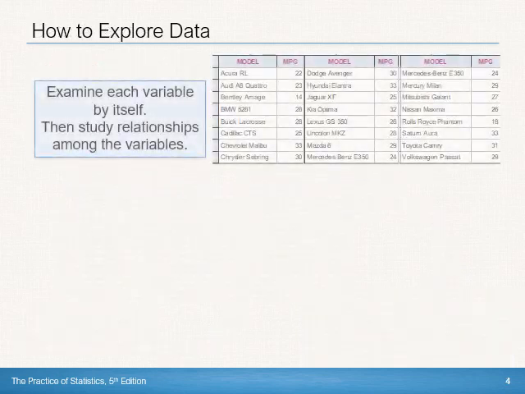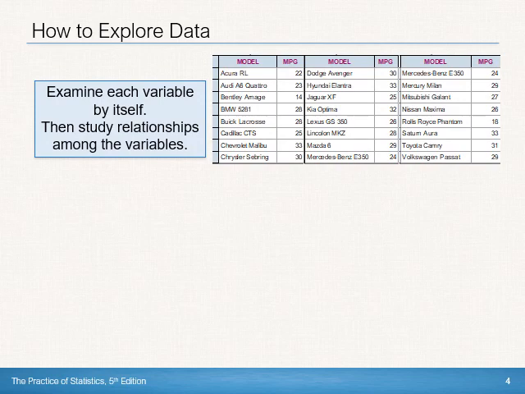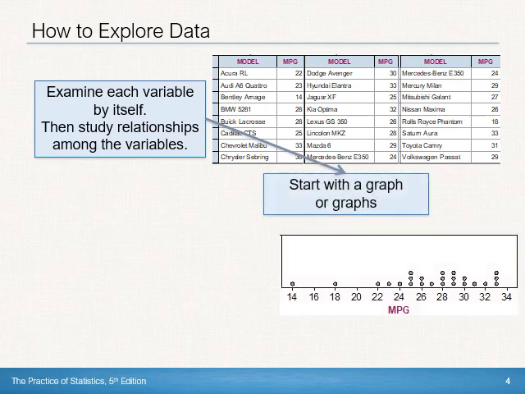All right, so we can take data and look at the relationships among the variables that we have in our data list. We often will want to start with a graph to see how frequently a particular value shows up.